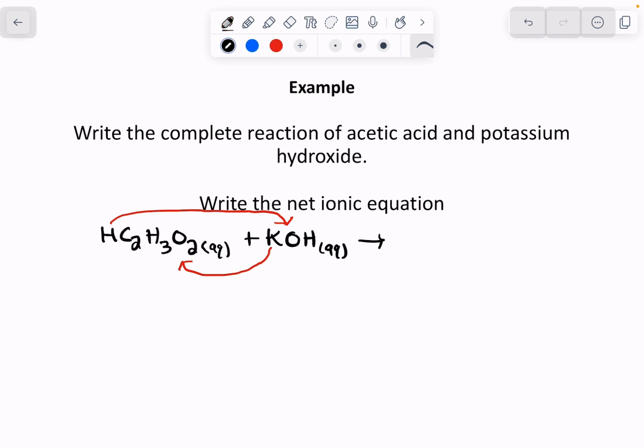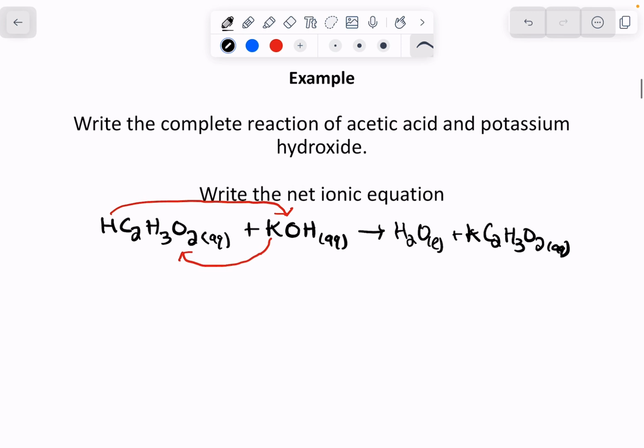And so what you get is H2O liquid plus KC2H3O2 aqueous. Okay, and then I'm going to check to see if it's balanced. It looks good. So that is the complete reaction.